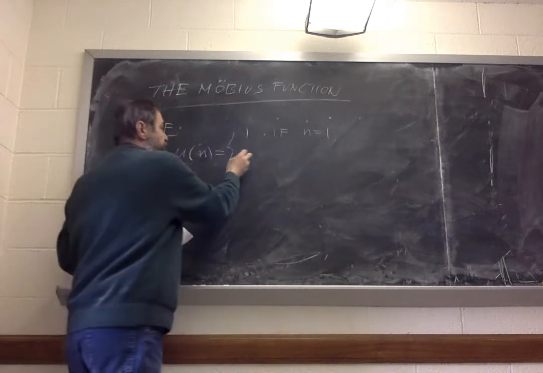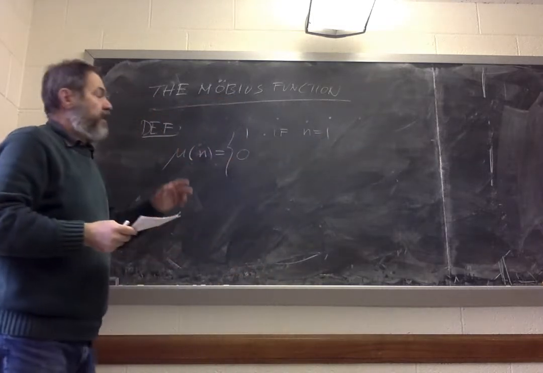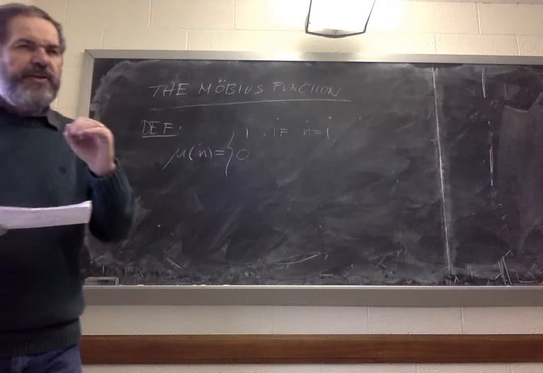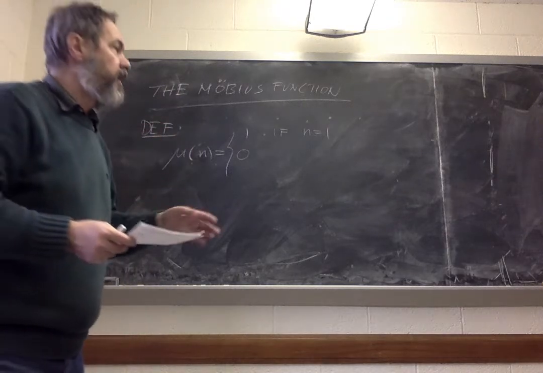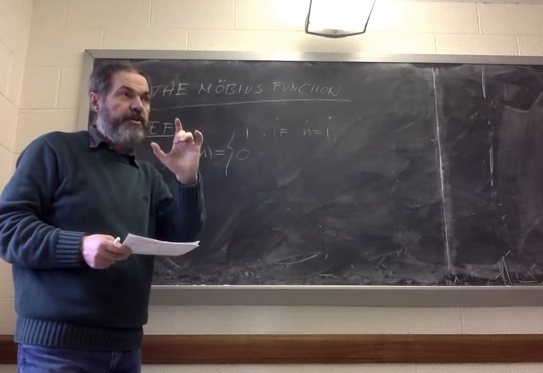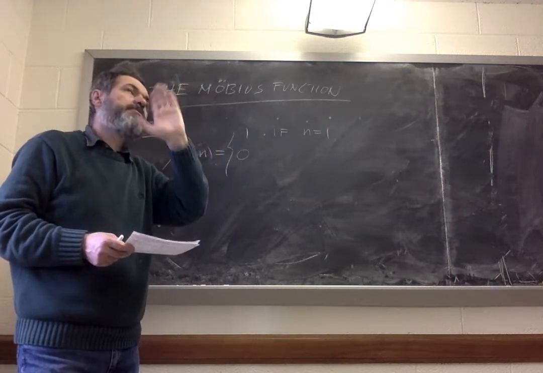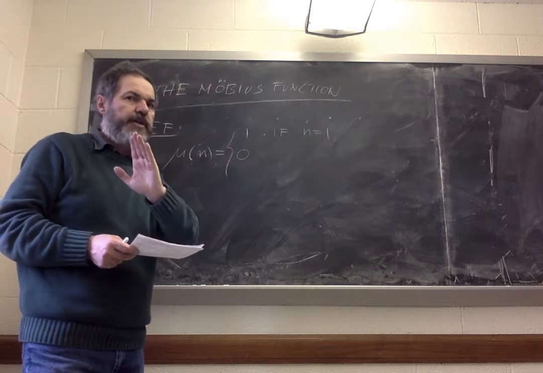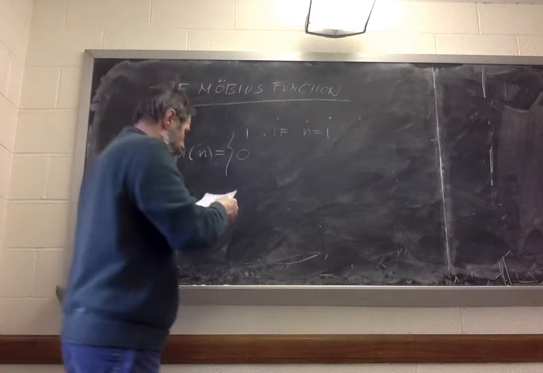It's defined to be 0 if n is not square free. What does this mean? If n has at least one prime factor that appears with an exponent strictly larger than 1. So let's see how we write this.